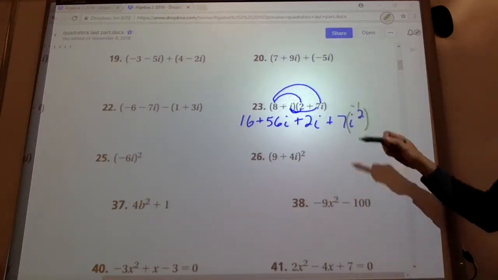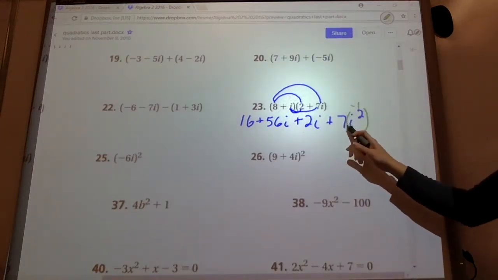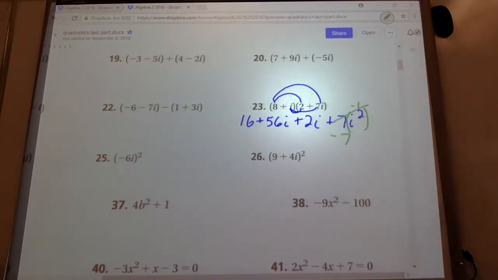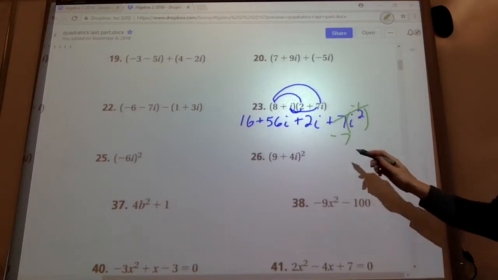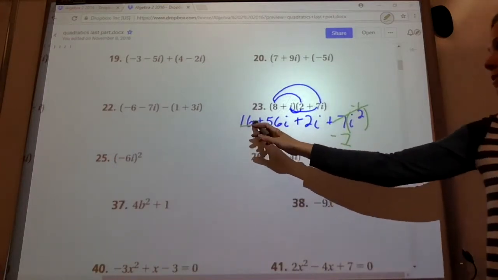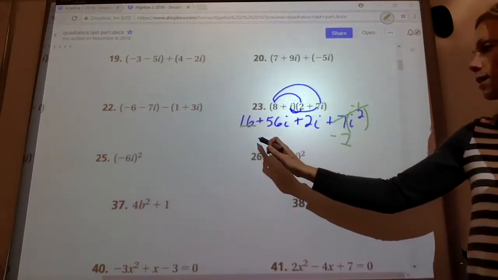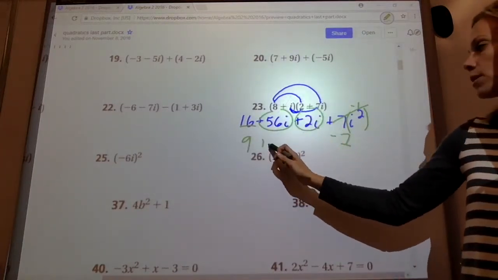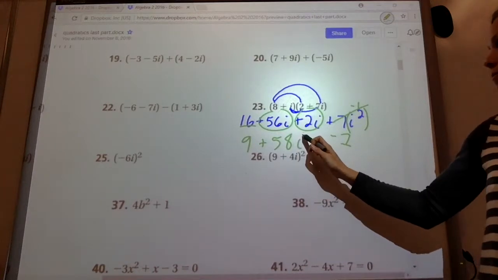It's really negative 1. So instead of adding 7, I'm really subtracting 7. Now I can combine my real parts. 16 minus 7 is 9. Combine my imaginary parts, plus 58i.